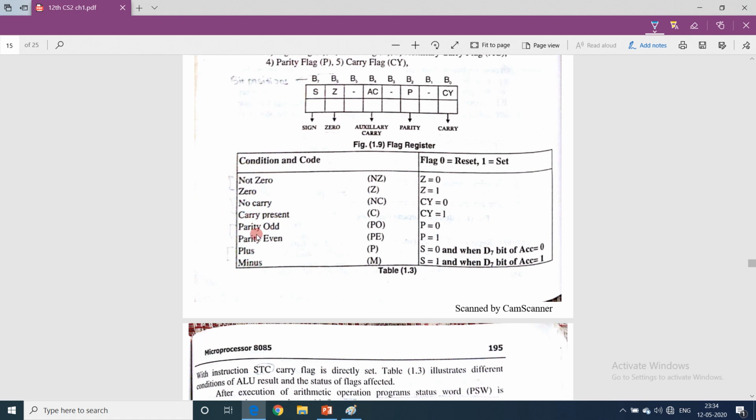Now why is parity used? We know about the zero flag, we know about the carry flag, we know about the sign flag. What about parity? Parity was used before in older processors to check the integrity of the data. Integrity means what? When I'm performing 2 plus 3 and I'm getting 4, is it right?